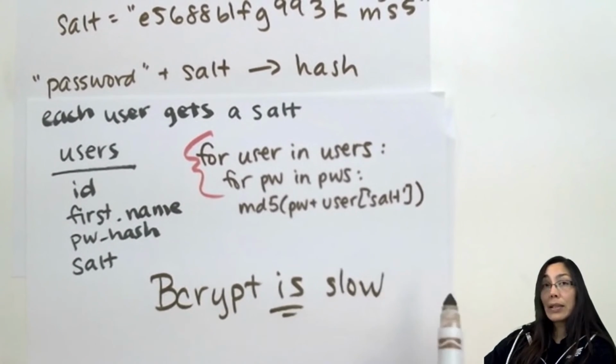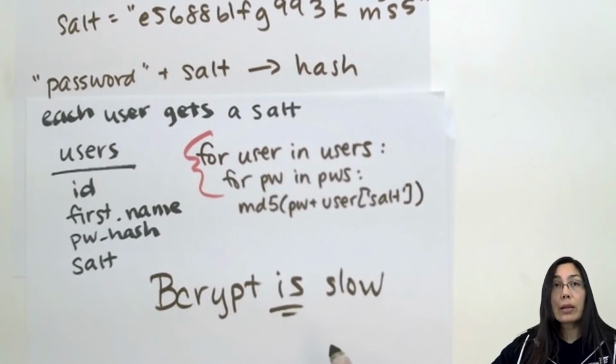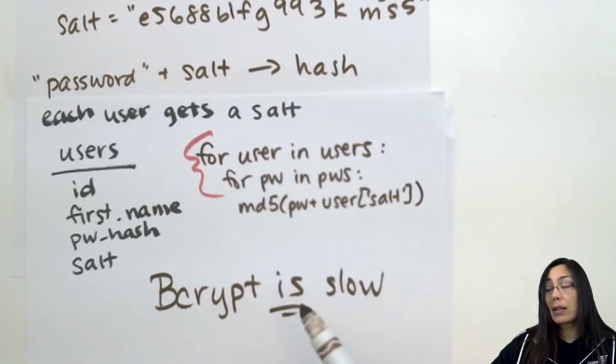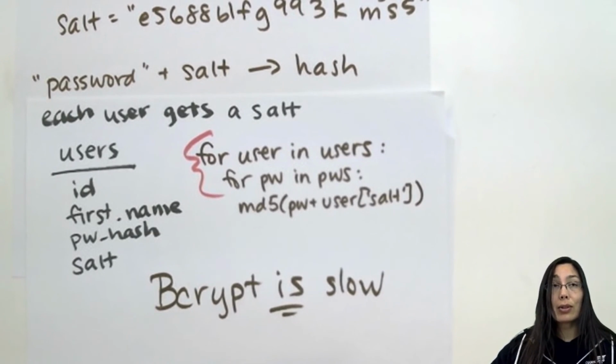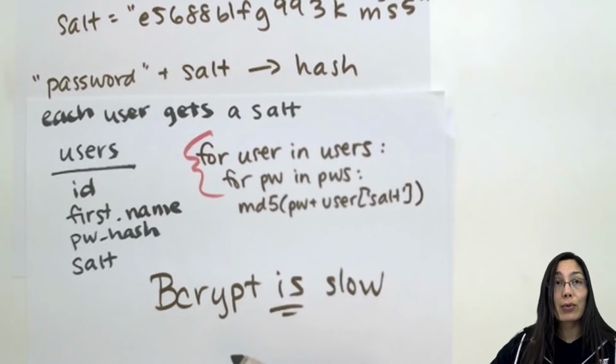It's designed to be slow. So that's why we're going to be using bcrypt. It borrows a lot of the techniques that we talked about with the idea of the salts and everything like that. But it's actually a very, very slow algorithm. Not so slow that an honest user would notice any change, but much slower so that it's just not going to be worth it to a hacker to try to brute force their way through your database.